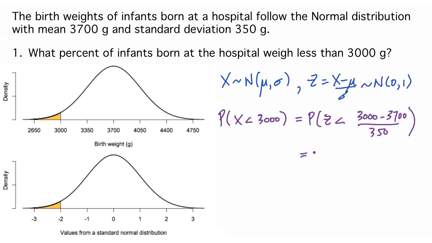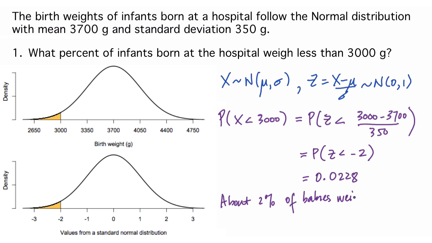And that works out to be the probability that Z is less than -2. And we can then find that it happens to be 0.0228. I used a computer to get that value, but of course you could also use a normal table or some other way of calculating standard normal probabilities. So only about 2% of babies at this hospital weigh less than 3,000 grams.